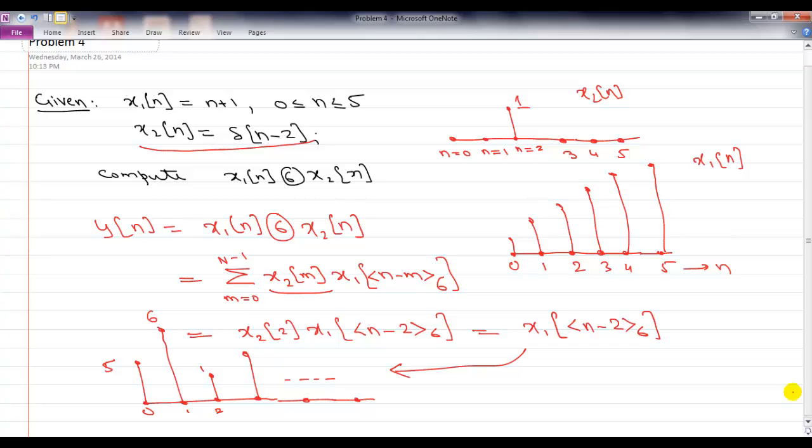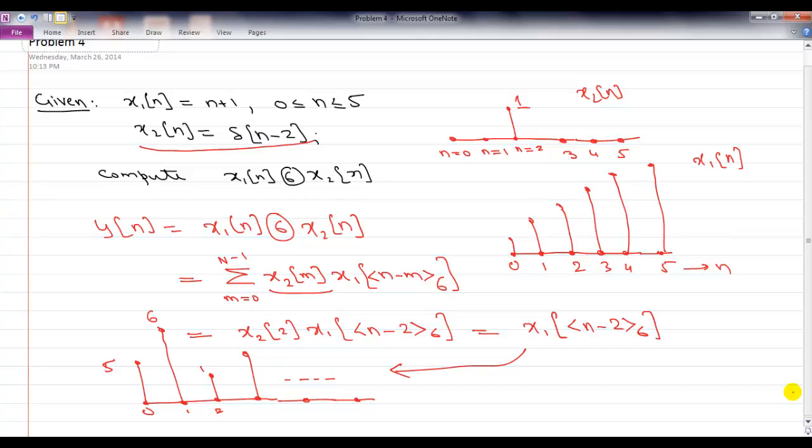If you linearly convolve a signal with a shifted impulse, what is the effect? Linear convolution with an impulse simply gives you an output which shifts the sequence to the location of the impulse.